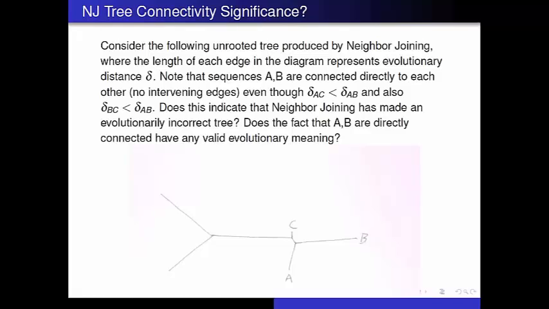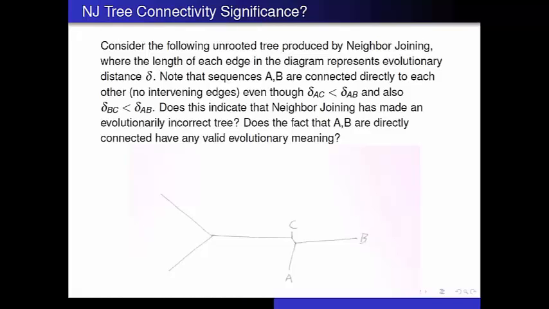So if we were to place the MRCA for all three sequences right there, then that would imply that all three of them branched at exactly equal times from each other, right? If we place the MRCA right at that triple junction.